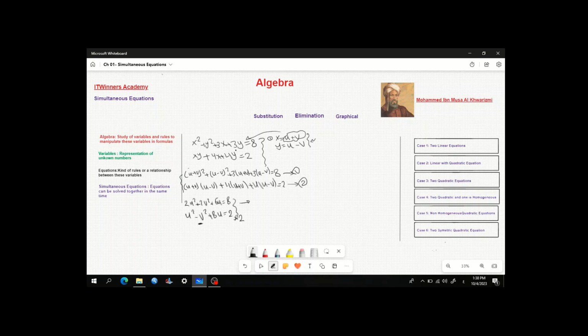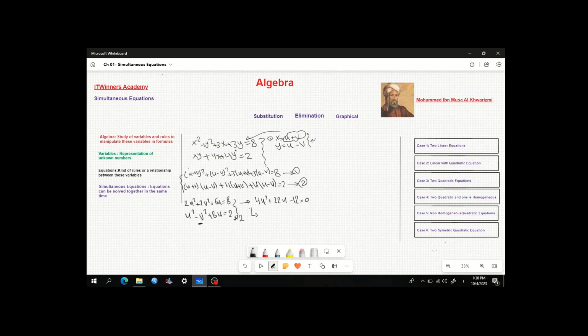So I can get 4u squared plus 22u minus 12 equal to 0.